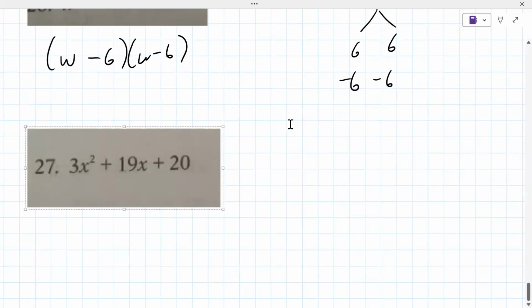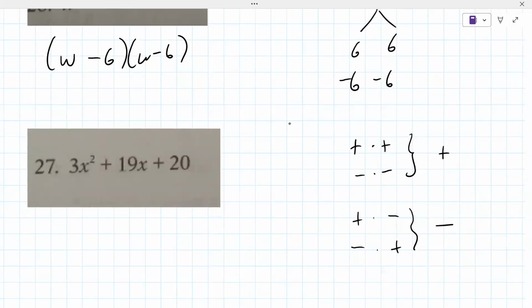Those are the rules of multiplication, right? Positive times a positive, negative times a negative, that always gives you a positive. Positive times a negative, negative times a positive, that always gives you a negative. Okay.